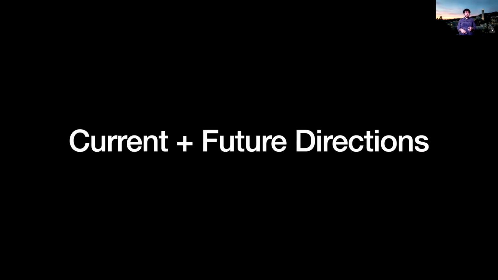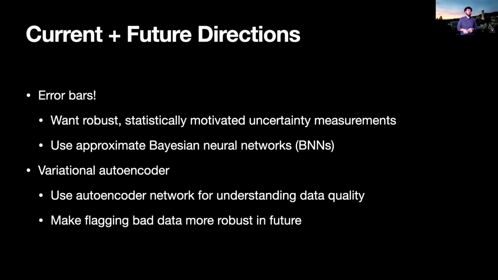Just to wrap up quickly, I'll talk a little bit about what I'm doing now and some future projects I'm working on. One big thing is getting error bars for neural networks. It's a perennial issue where you get the answer, but you want to know how uncertain you are. If I get the value of tau, what is my error bar on tau?